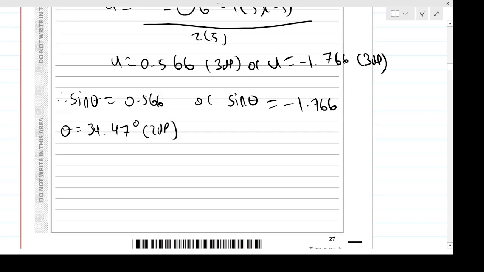But of course, there will be more solutions. If I were to sketch the sine graph, say for 360 degrees, then 34.5 degrees is going to be somewhere there.